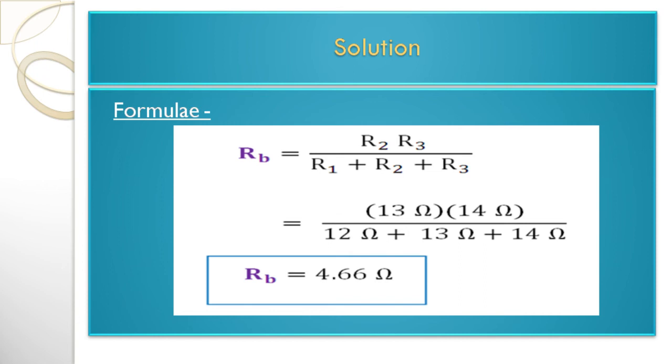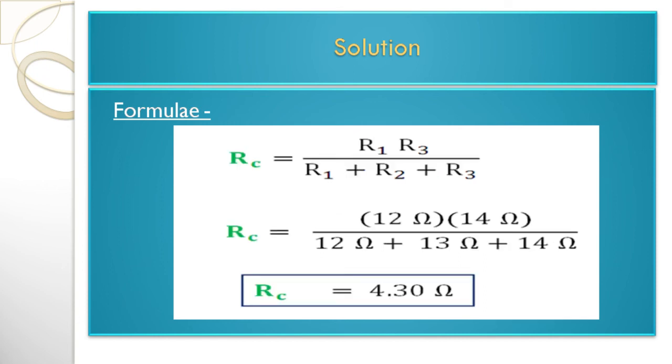Using formula of resistance RC of star network as resistance RC is equal to delta network resistances as R1 into R3 divided by R1 plus R2 plus R3.